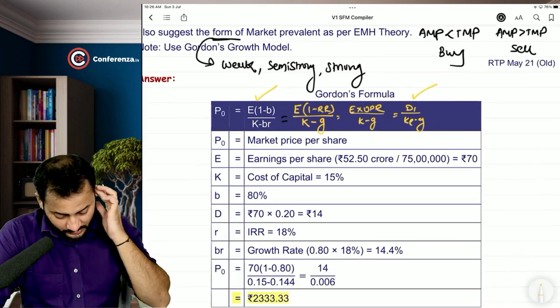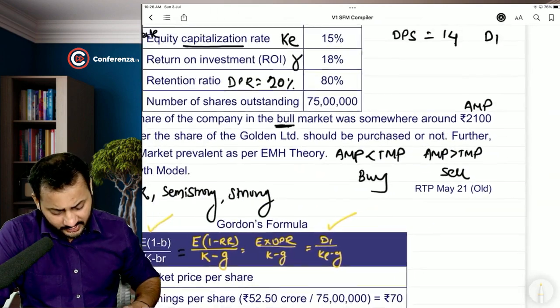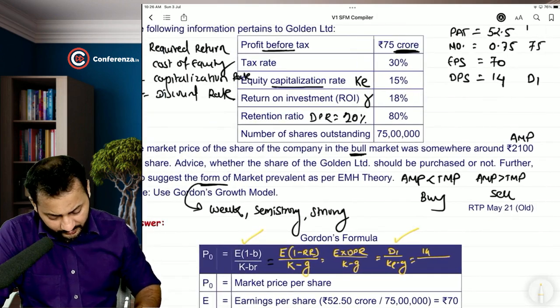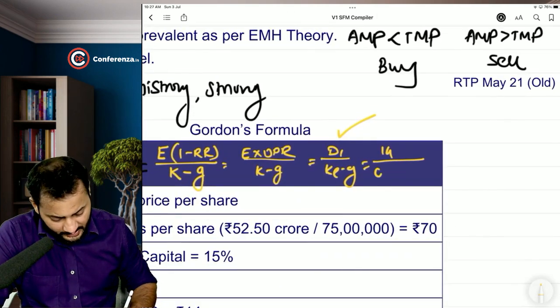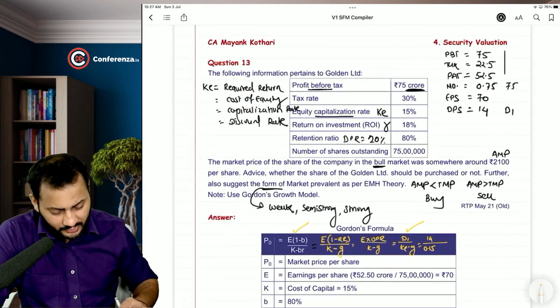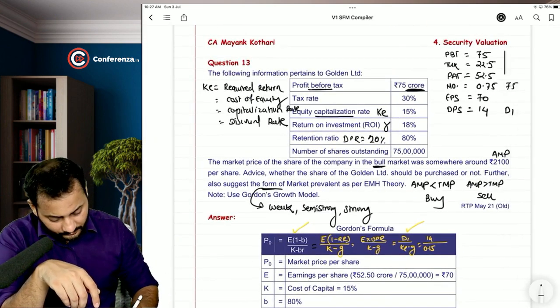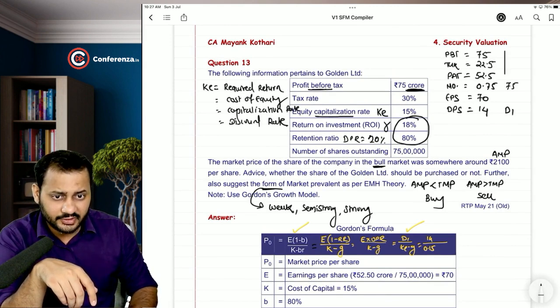Let's go. Now we are going to just put down the values. Do we have D1? Yes sir, we have D1, which is 14 rupees. Do we have cost of equity in this question? Cost of equity in this question is 15%, right? But we are yet to calculate the growth rate, right? So the growth rate formula is nothing but return on investment and retention ratio, 18% into 80%.